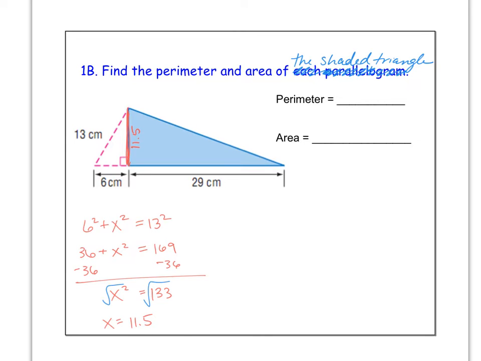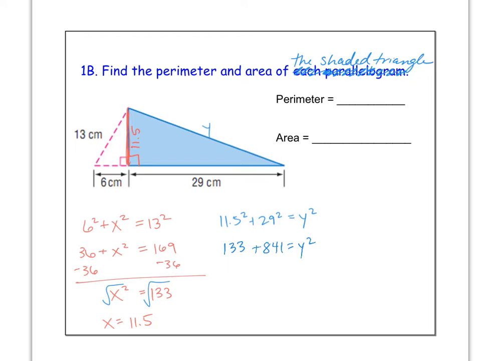Now remember, if we have a perpendicular angle on one side, we're also going to have a perpendicular angle on the other side. So now I can use the blue triangle, and I can do another Pythagorean theorem. I'll do 11.5 squared plus 29 squared. Maybe I'll call this y, equals y squared. So I'm going to do a second Pythagorean theorem. 11.5 squared is 133. 29 squared is 841.